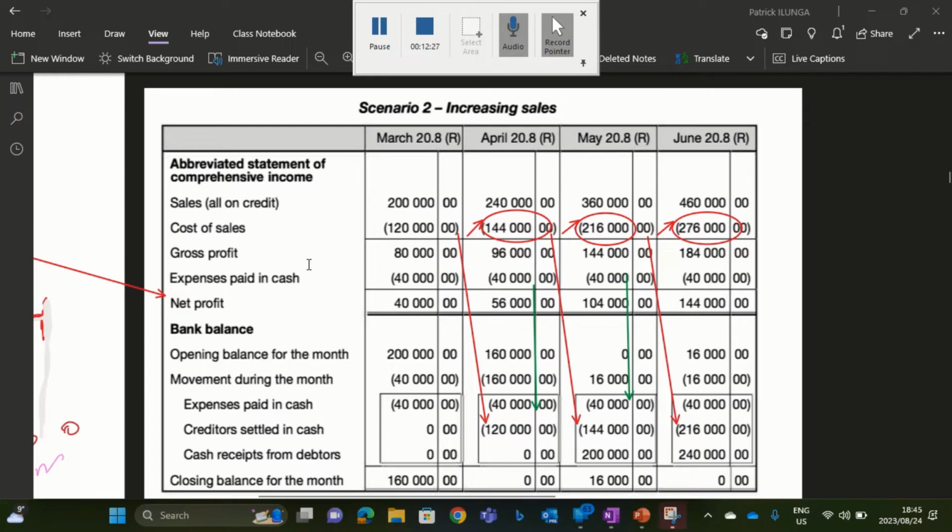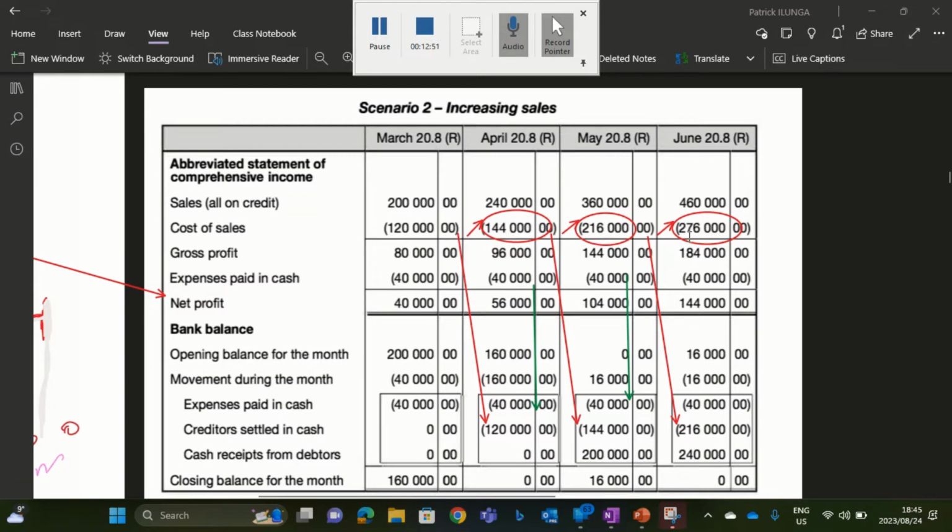And I want you, as my students, to be able to pick up these things very quickly. What you're picking up is the cost of sales. It has increased. So from March, remember the previous scenario, everything was constant, but now we can see an increase of the cost of sales from March to April, April to May, and May to June.